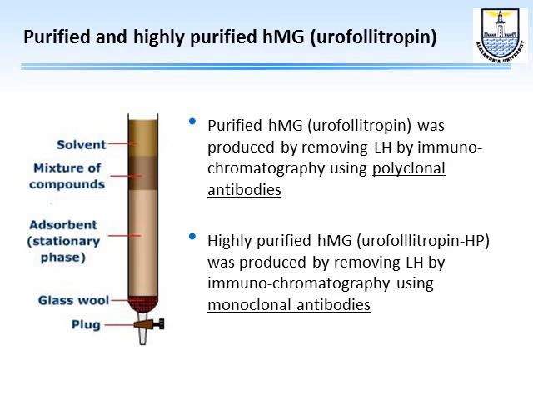But if you use a very specific antibody, which is a monoclonal antibody, then you can have a highly purified HMG. At that time, the scientific name of this preparation is urofollitropin, highly purified.